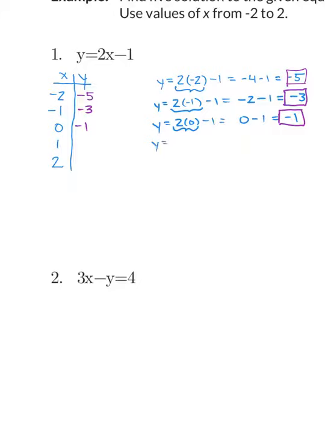We get y equals 2 times 1 minus 1. 2 times 1 is equal to 2. Minus 1 gives you 1. And for the final one, we want to plug in 2 for x. So I get y equals 2 times 2 minus 1. We multiply 2 times 2, we get 4, minus 1 equals 3.